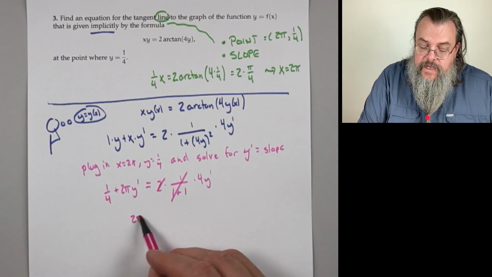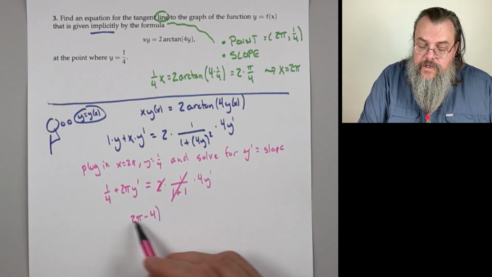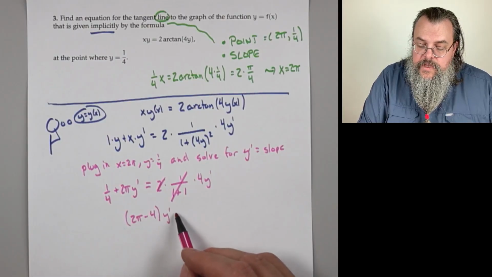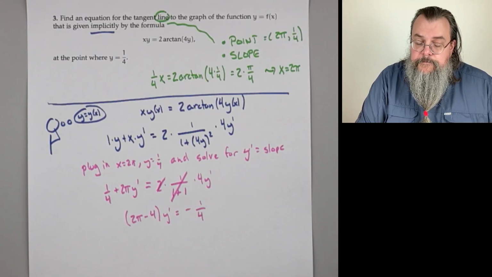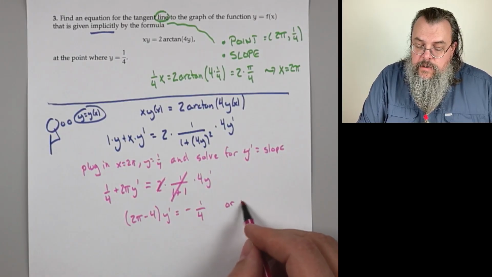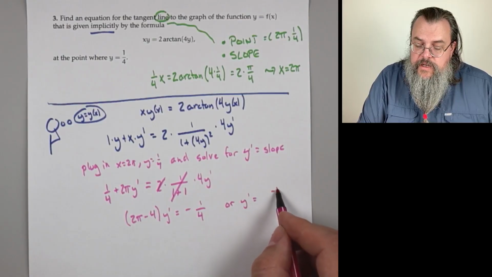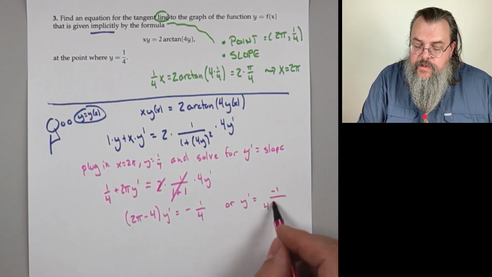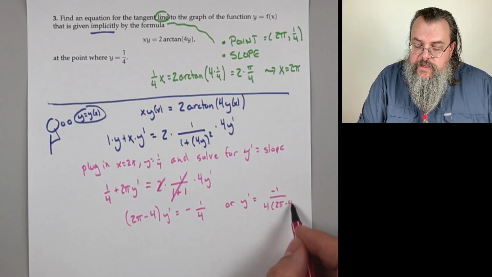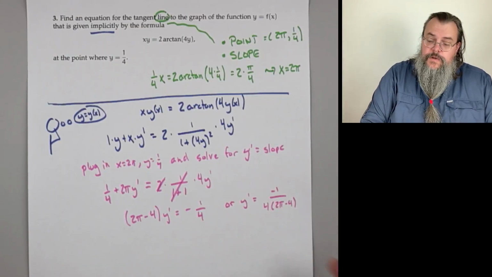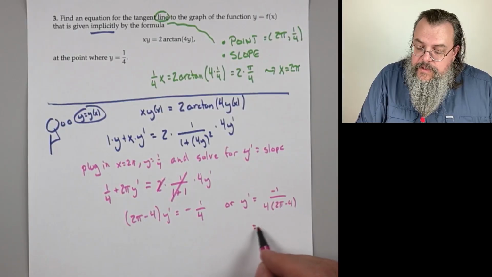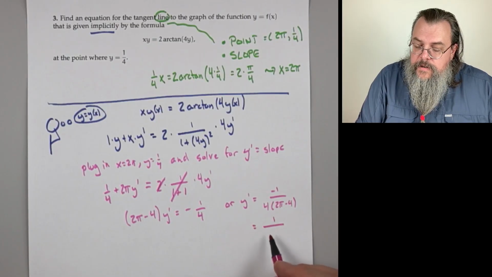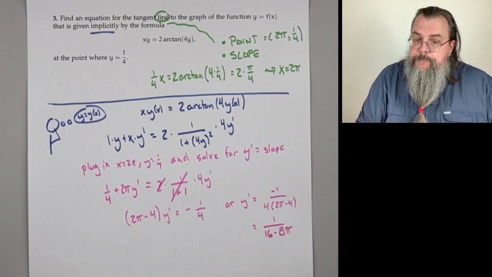We'll get 2 pi subtract 4 times y prime is equal to minus 1 over 4. Or y prime is minus 1 over 4 times 2 pi minus 4. And if we wanted to, we could distribute in. We can also put the minus downstairs. Say, well, this is the same as 1 over 16 minus 8 pi.